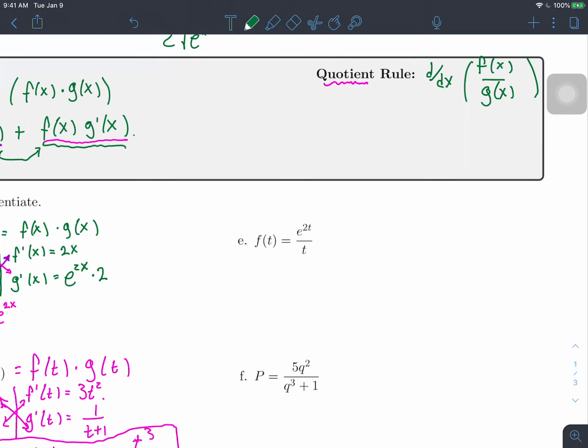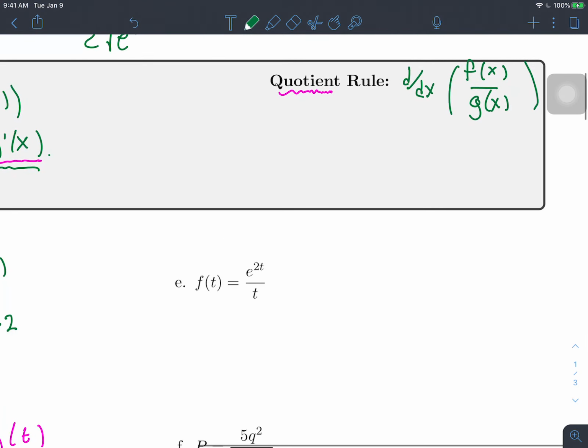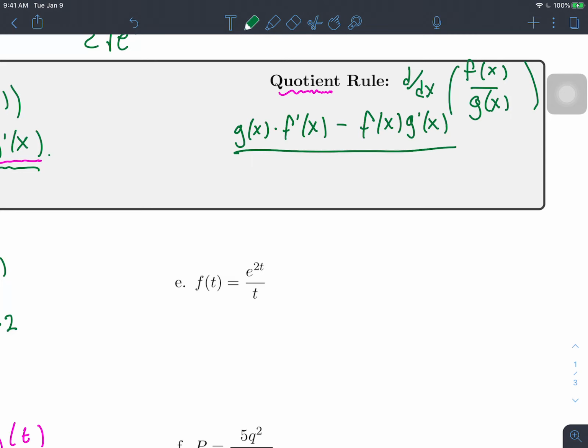And you're not going to like it. It's a kind of ugly looking formula, and it goes like this. g of x times f prime of x minus f of x times g prime of x, all divided by g of x squared.